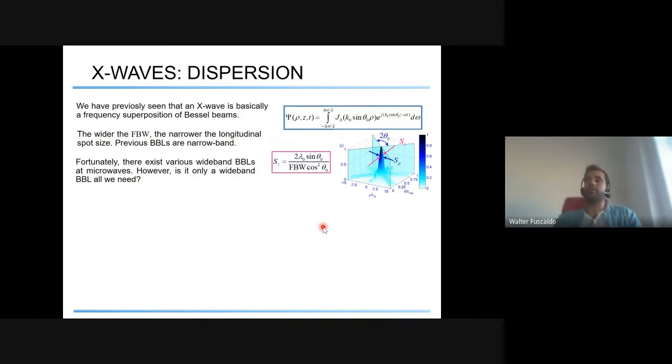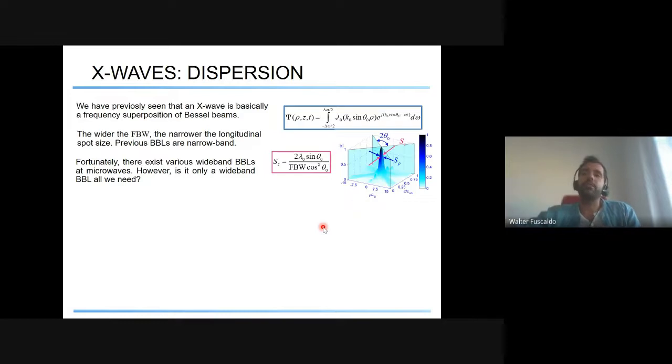Of course, these evaluations and calculations are based on the ideal assumption that the X wave is non-dispersive, but over a large frequency bandwidth this is no longer true, because the axicon angle will change with the frequency.